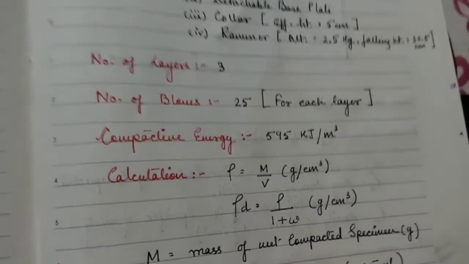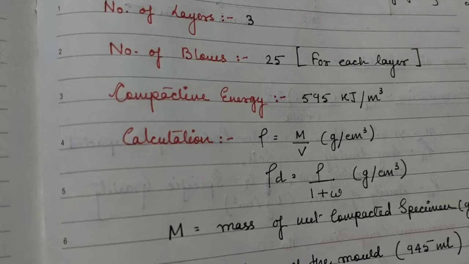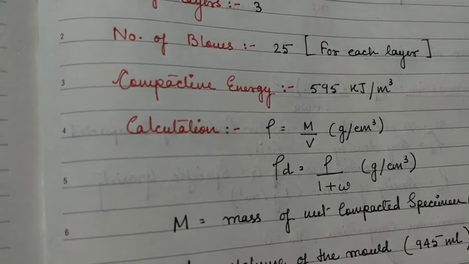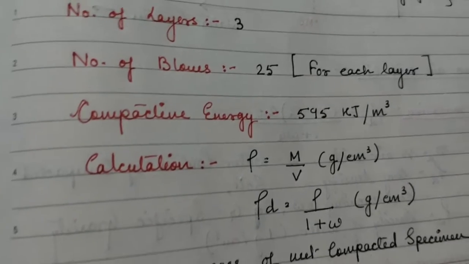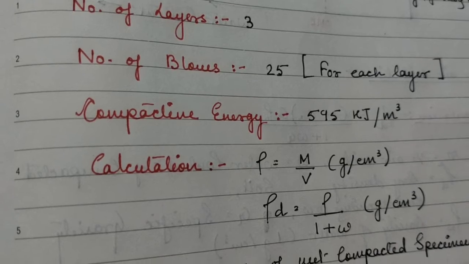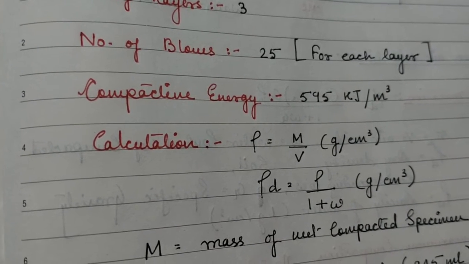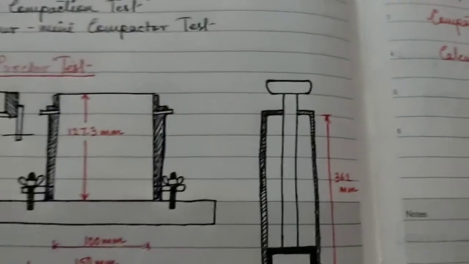The dry density obtained in each test is determined by knowing the mass of the compacted soil and its water content. The compactive energy used for this test is 595 kJ per meter cube. So let us go through the test equipments.